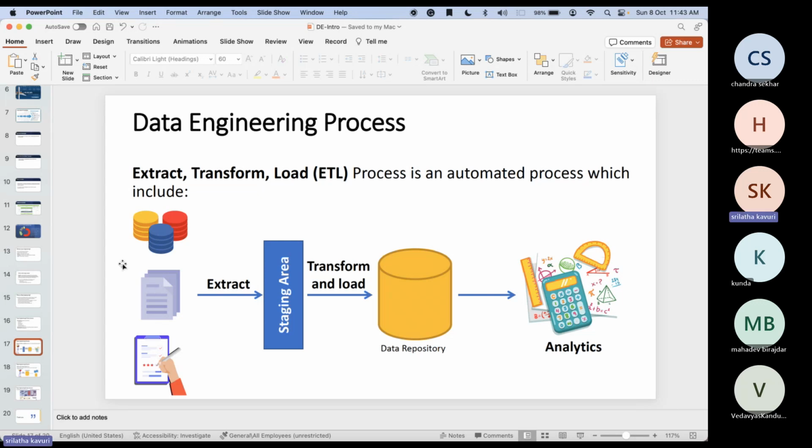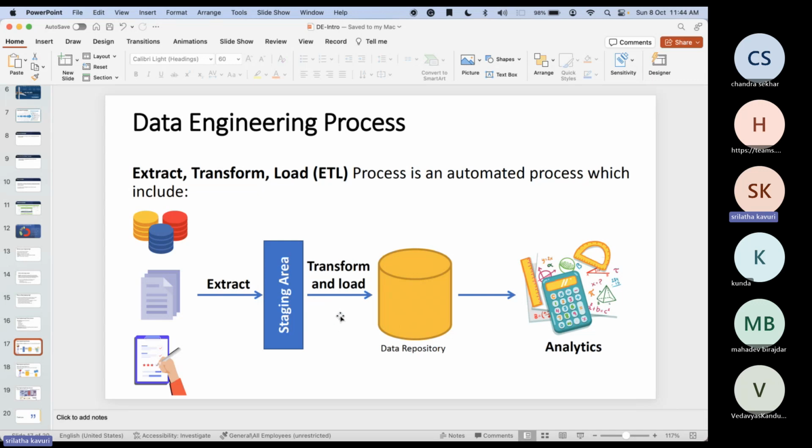Why we use specific databases for specific work, or what this data lake is, will be covered in very much detail as part of your content. But as a data engineer, whatever the real-time events are, those will be stored in the databases, from where the data is extracted and then landed into a data repository or a data lake.